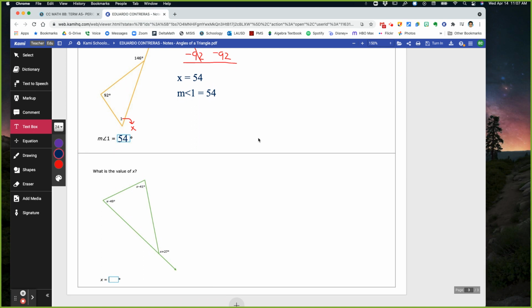So here we go again. We have this outside angle. There's the angle on the outside. It's this one here. If I add these two inside angles, it has to equal the outside angle. So I'm going to go ahead and do that.